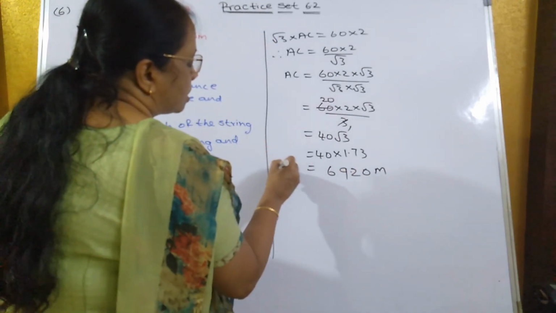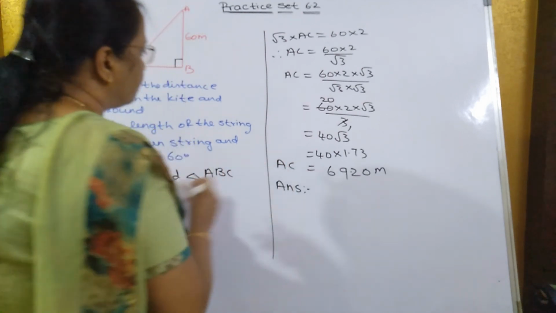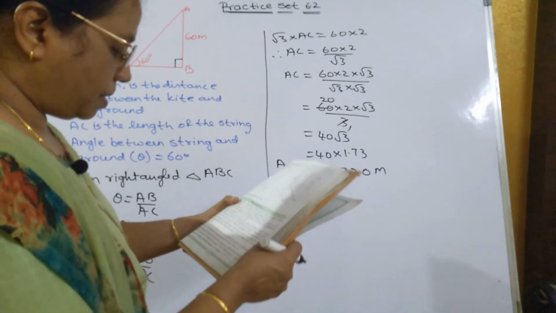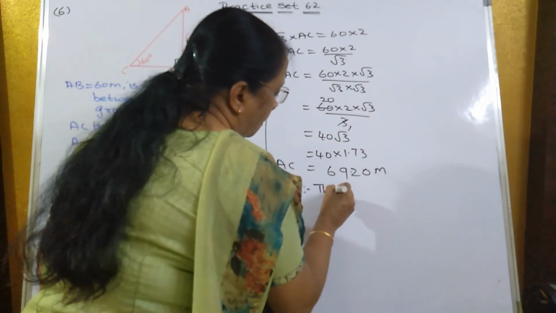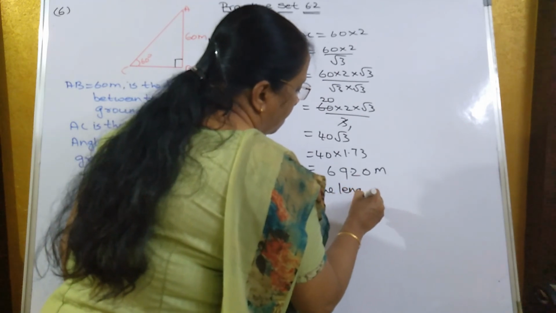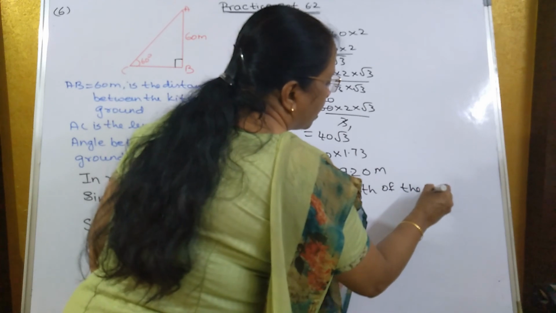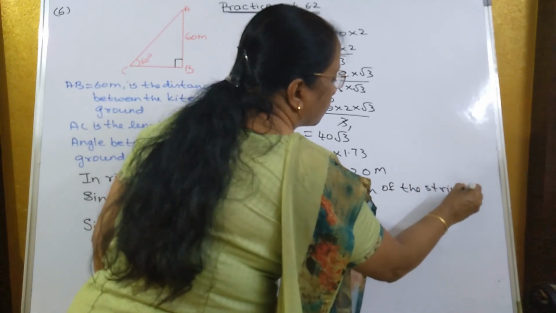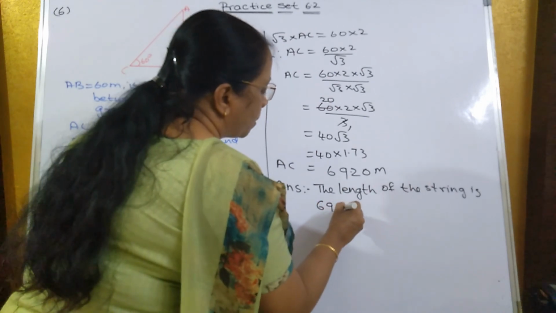So AC is equal to 69.20 meter. The length of the string is 69.20 meter.